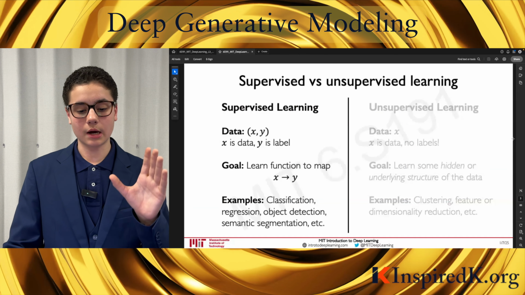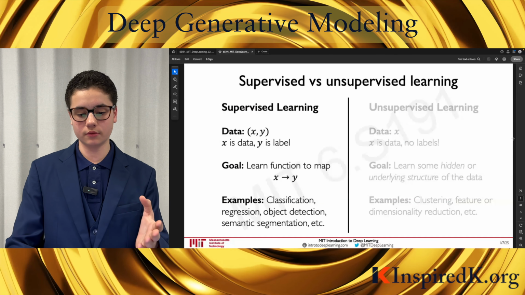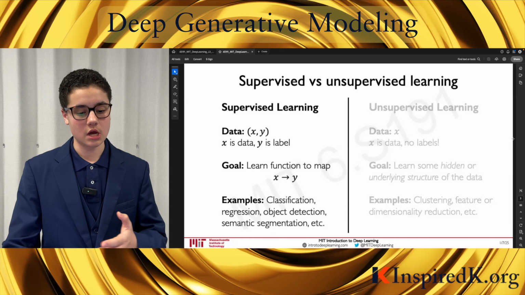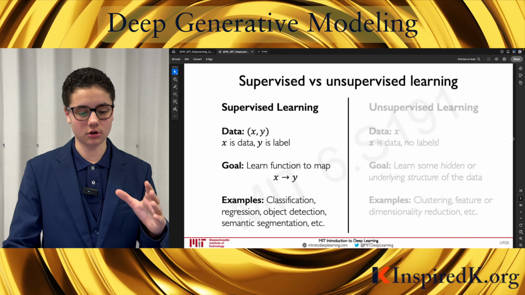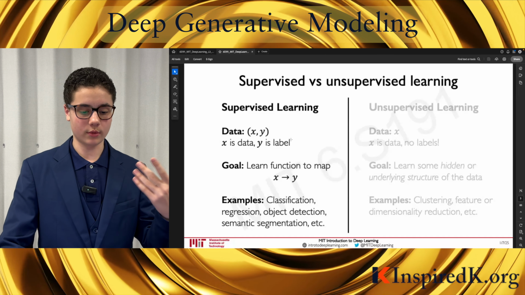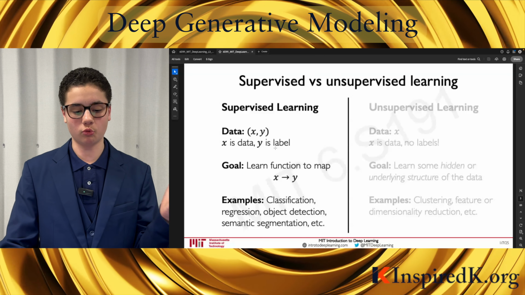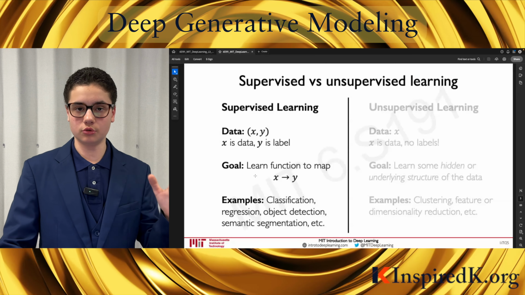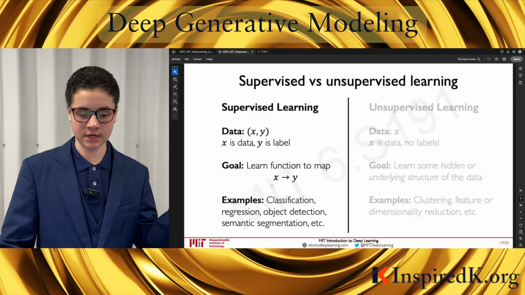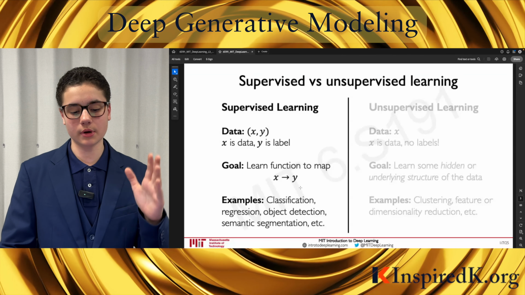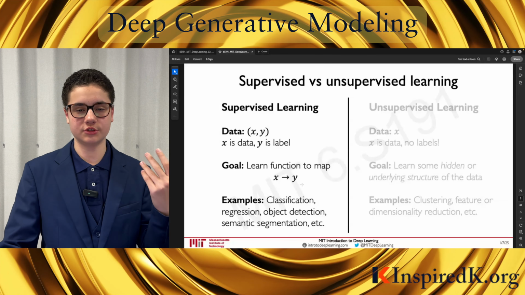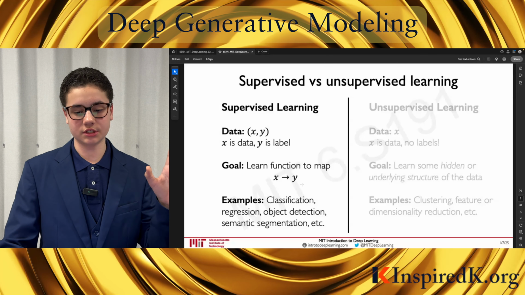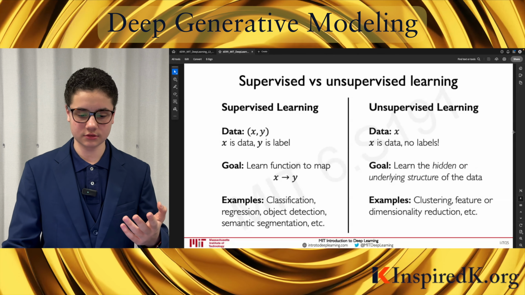To start, I'm going to introduce the concept of supervised versus unsupervised learning. What we've been covering so far has been called supervised learning, where we have data X and a label Y, and we want to be able to map input data X to its correct label Y. This allows us to have classification, object detection, as well as other tasks.